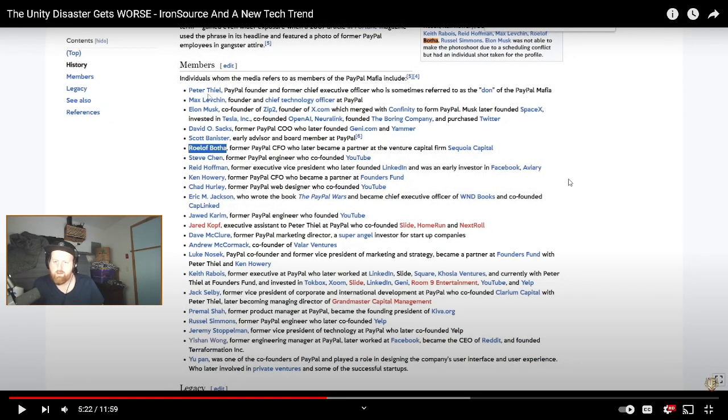Now, I want to show you this kind of list of PayPal Mafia members. Peter Thiel, Max Levchin, another higher up at PayPal, Elon Musk. David O. Sachs, Scott Bannister, another member of PayPal, Steve Chen, co-founder of YouTube, Reid Hoffman, early investor of Facebook, Chad Hurley, co-founder of YouTube.